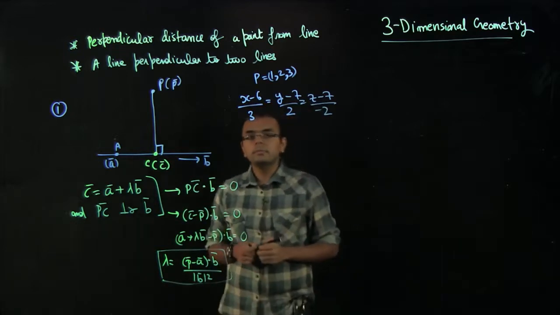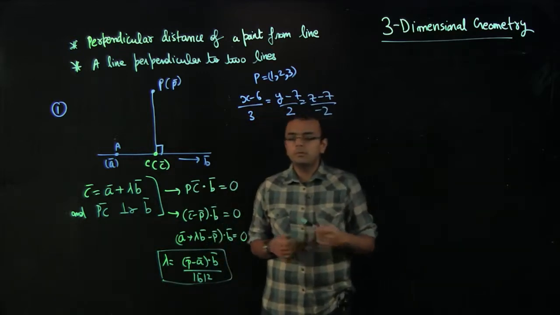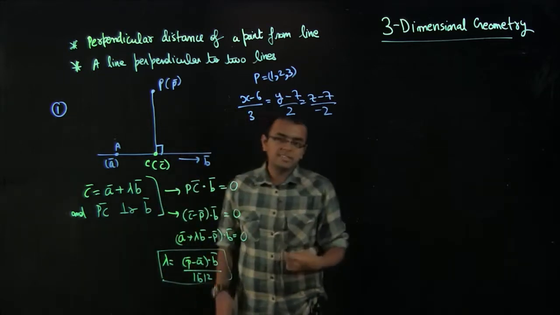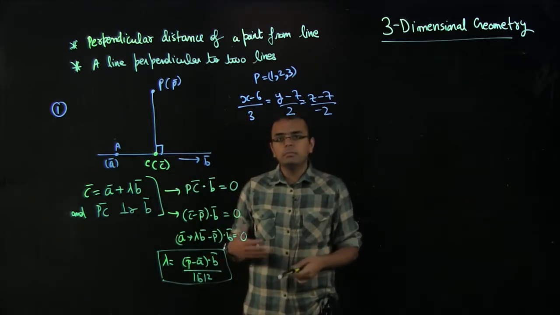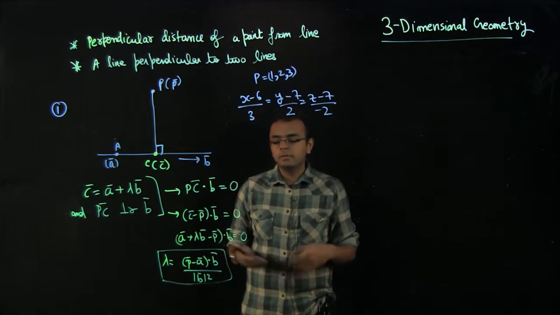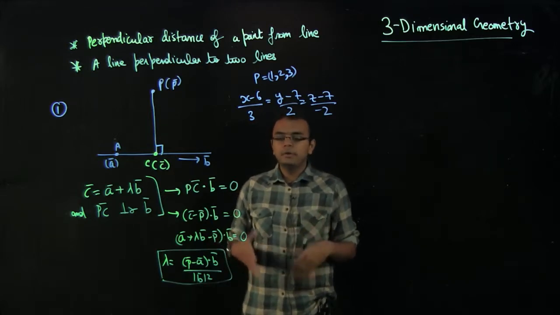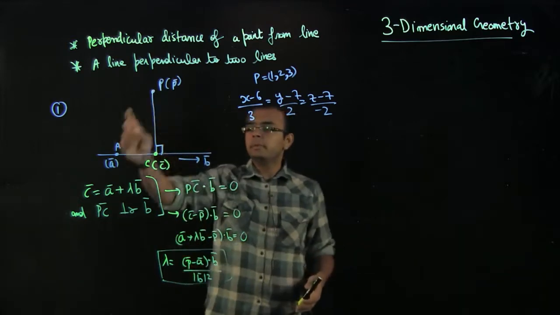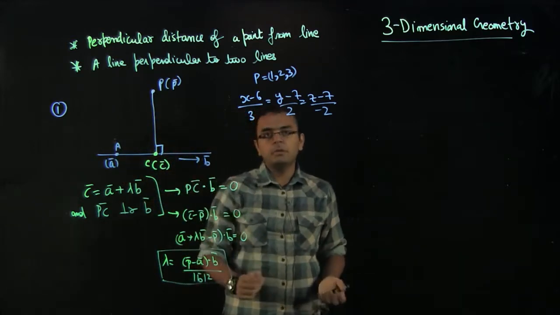Now how will we find lambda? We know the formula of lambda. I would suggest you remember this, but you may want to quickly derive it on paper also. It's up to you, but I would recommend you just remember it. It's very easy to remember. It's P vector minus A vector dot B vector, divided by mod B square.